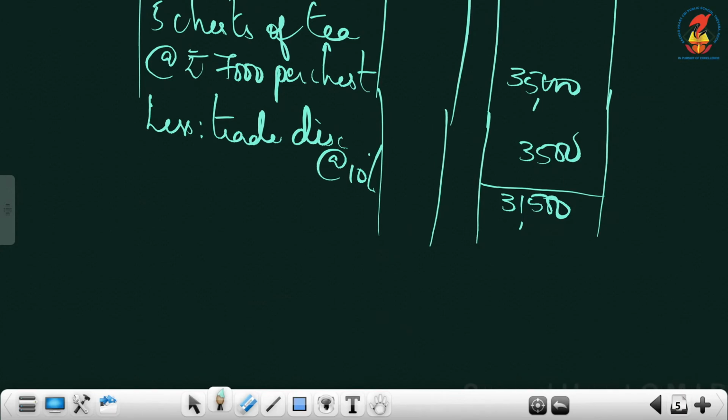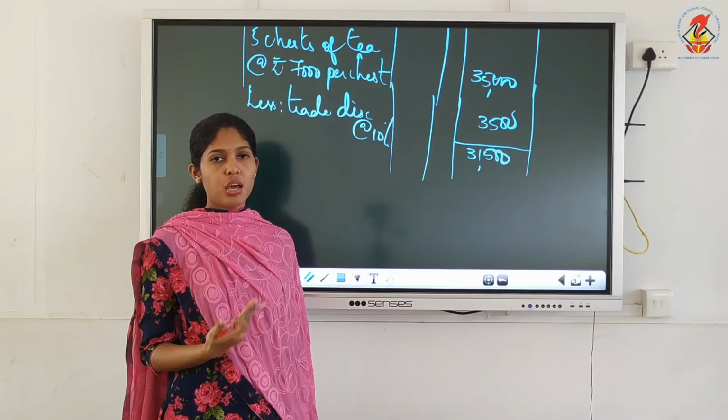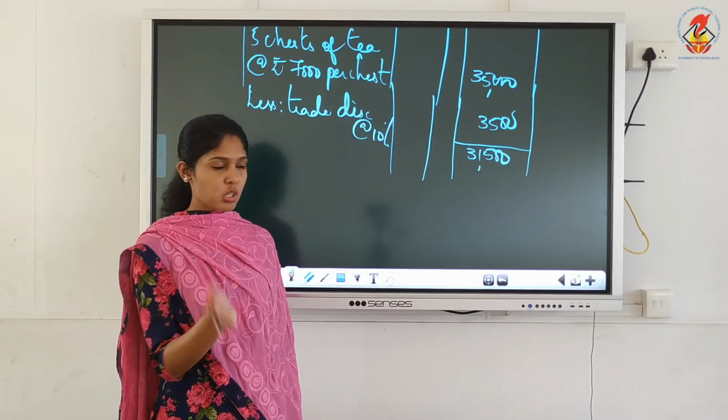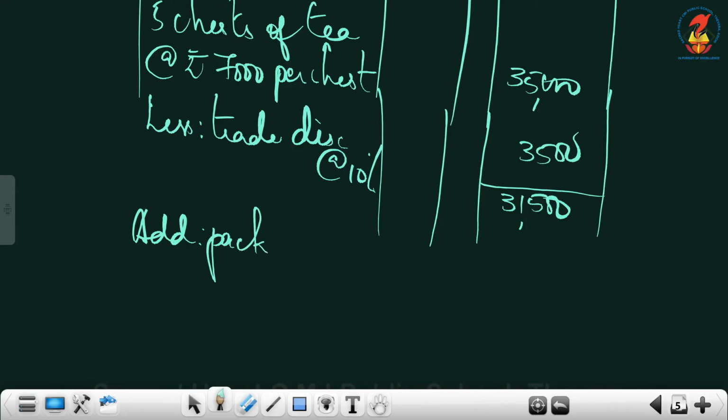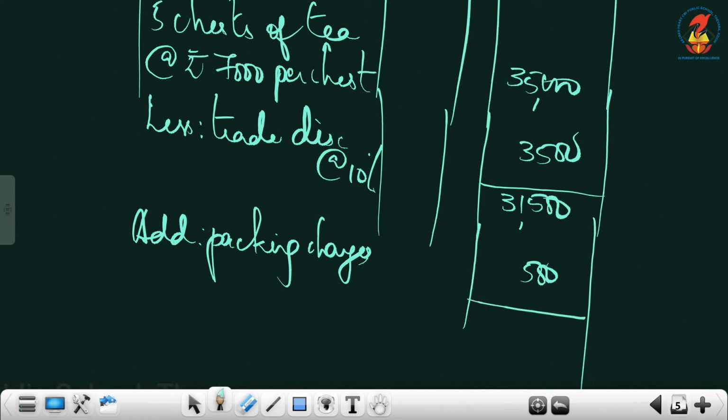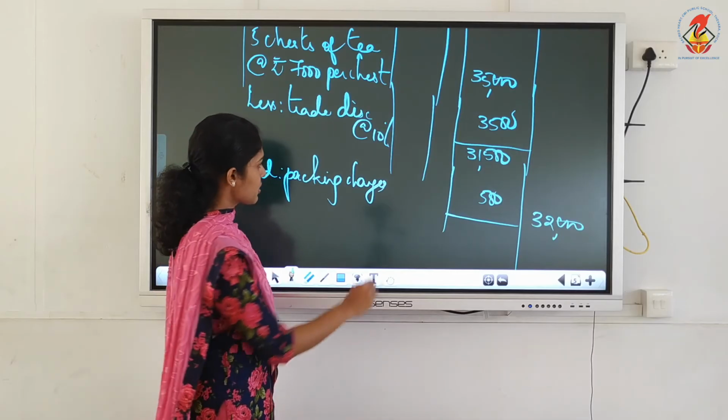Then plus packing and other charges, freight charges, if there, you must add. How much is it? 500. So in the outer column you can write 32,000. Here also you must draw a line before you write the figure in the outer column. Okay, so that is over.